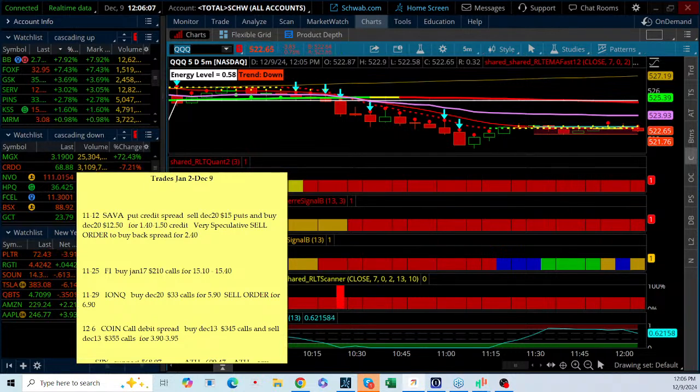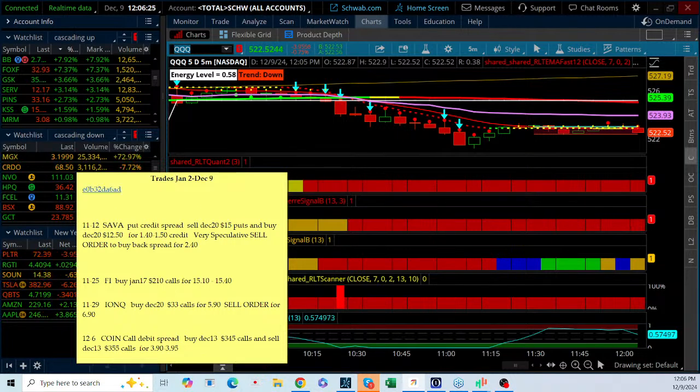Yeah, it's trading at about $1.50, and the spreads are not terribly wide. So it's trading at about $1.50 right now on Coin. Now, if you're in straight calls on this thing, you'd probably be really hard pressed to stay in it. But I can stay in it using a debit spread that I put out on Friday.